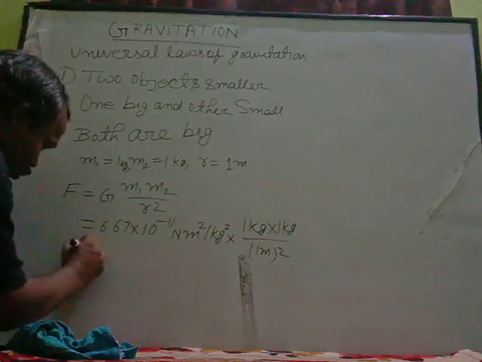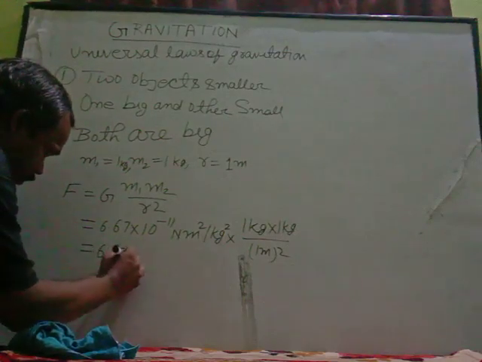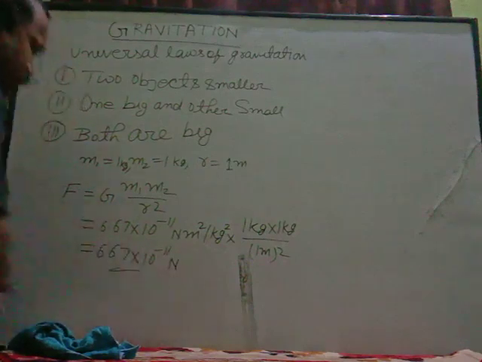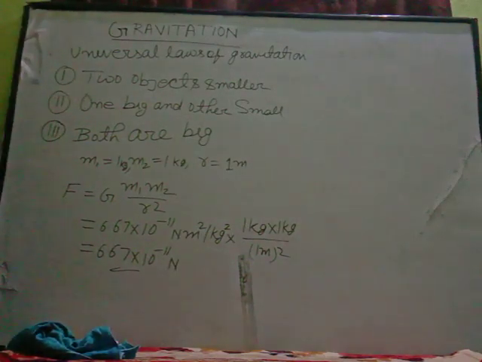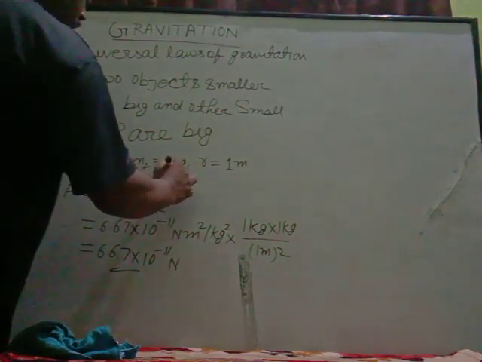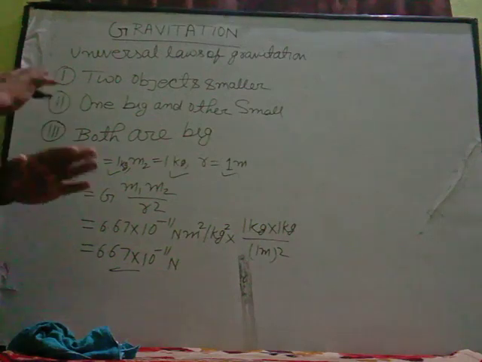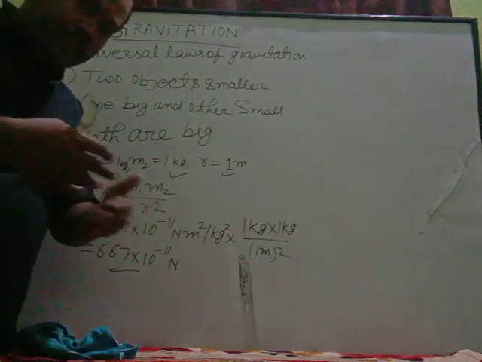If you solve it properly, it comes very less. It is a very small amount of force exerted in between these two objects kept at a distance of 1 meter. That's why two smaller objects do not seem to attract each other.